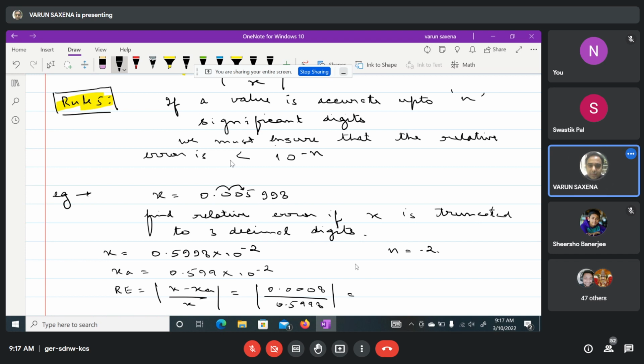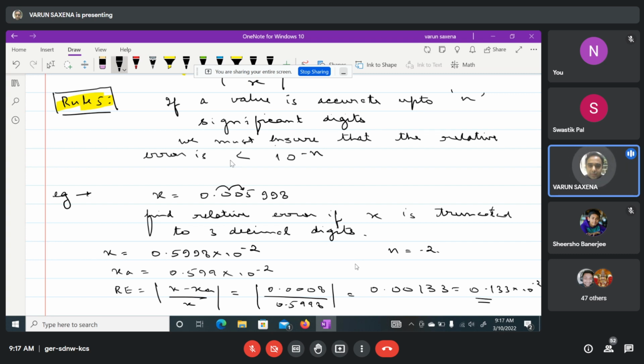Just need a calculator. 0.00133, 3 3 5 recurring. So I think this is it, right? Yes, sir. So if you write this in normalized form, this will give you 0.133 into 10 to the power of -2, right? So this is your relative error.